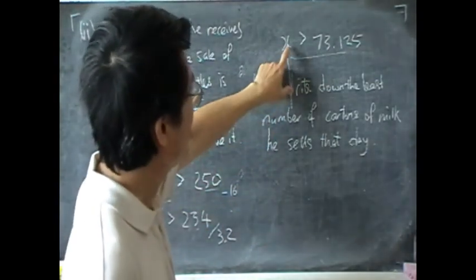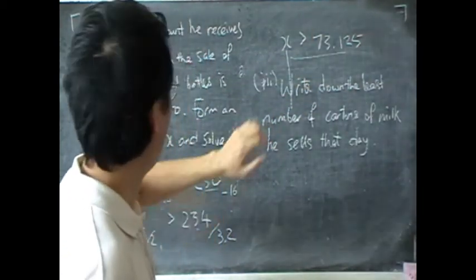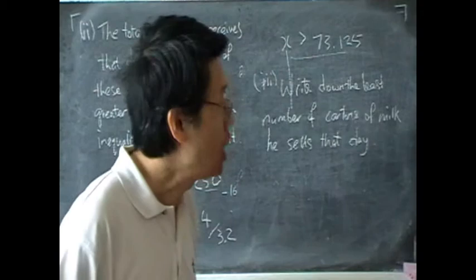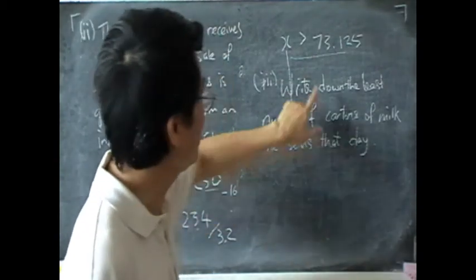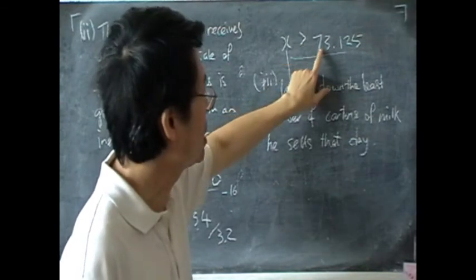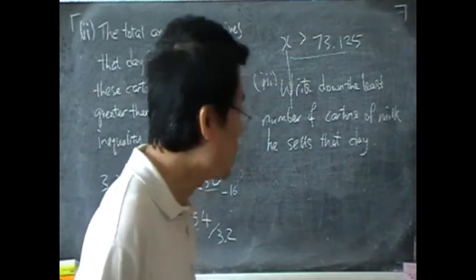And this inequality, this answer to part 2, tells us that the number of cartons of milk must be more than 73.125.